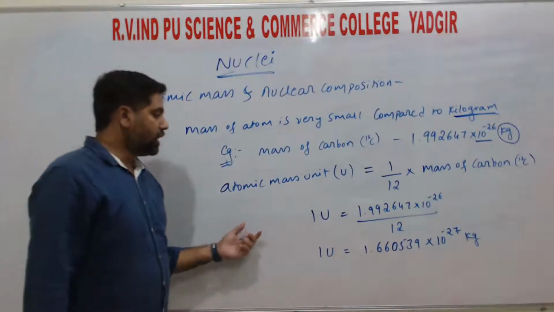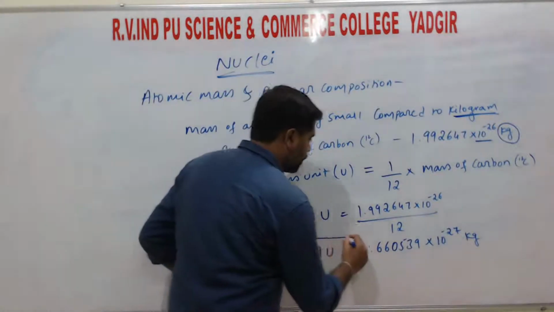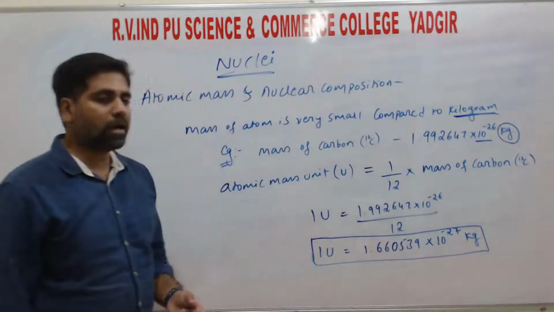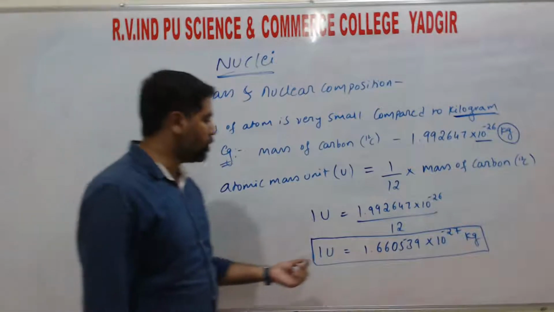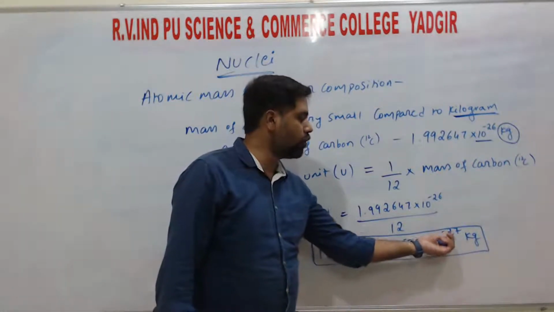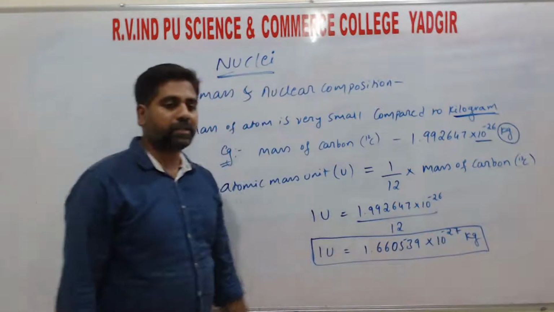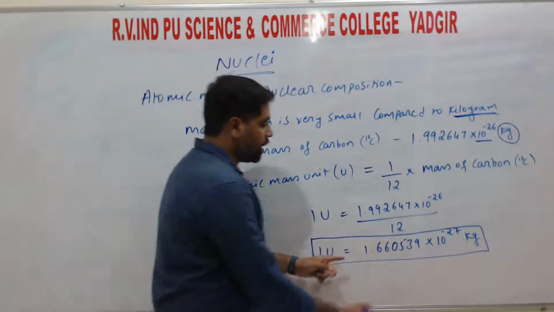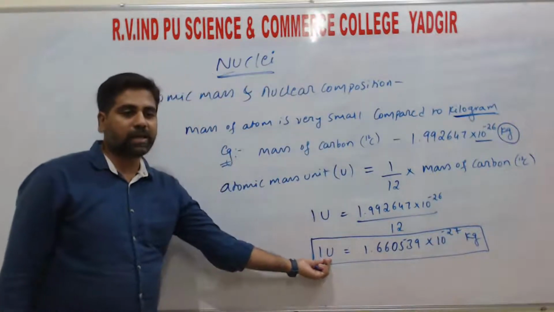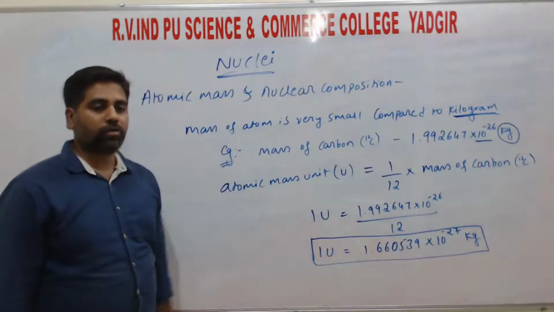So this is 1 atomic mass unit. If any mass has this value, we simply call it 1 atomic mass unit, right?